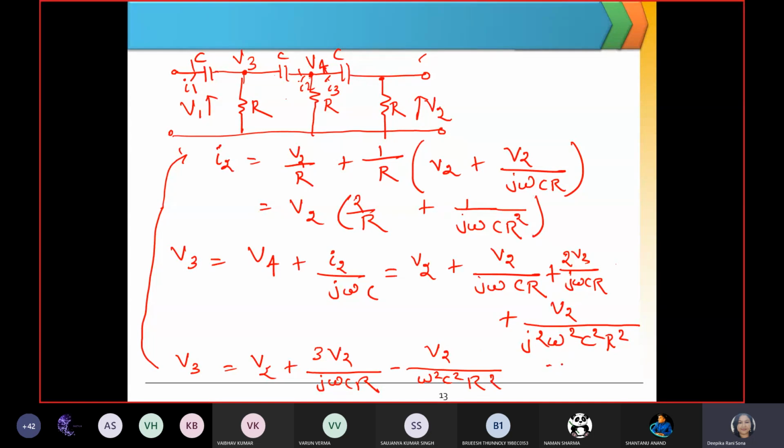How are we getting this? Because we know that j square equals minus 1. Finally, the last terms we have to solve are I1 and V1, guys.